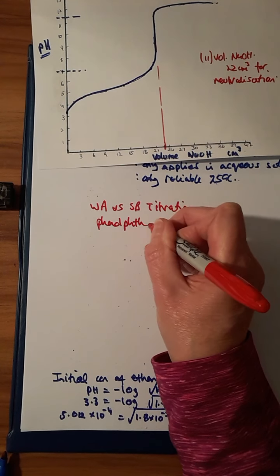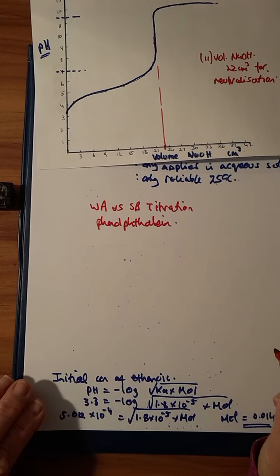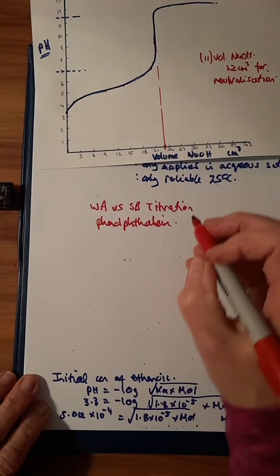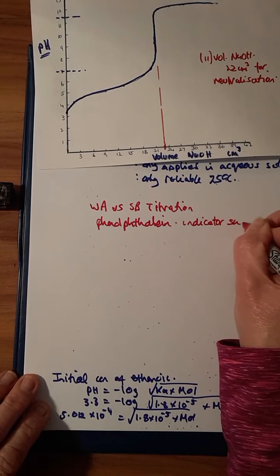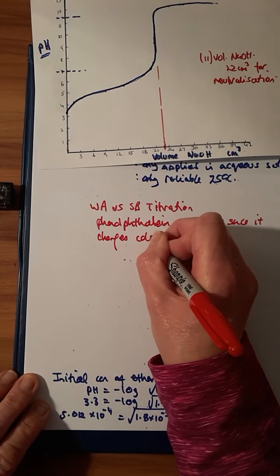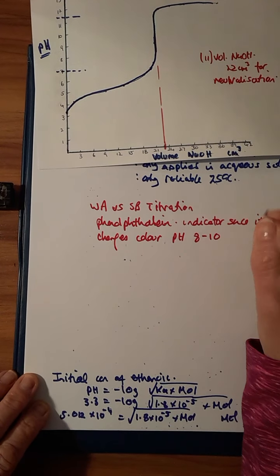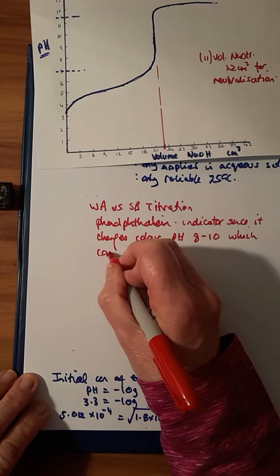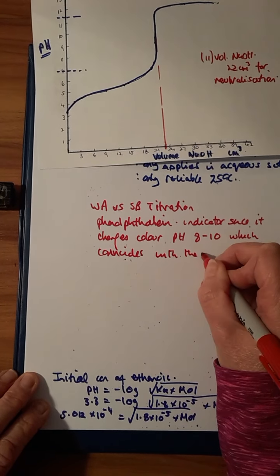Now, why would I use phenolphthalein? Of course, you have to justify your answer and refer to your pH curve to justify your answer. It's a weak acid strong base titration, and I'd use phenolphthalein indicator since it changes colour between a pH range of 8 to 10, which coincides with the end point of the titration.